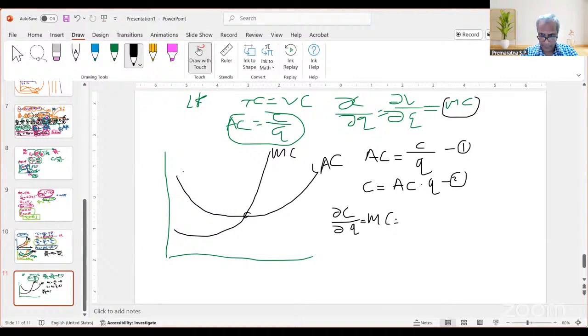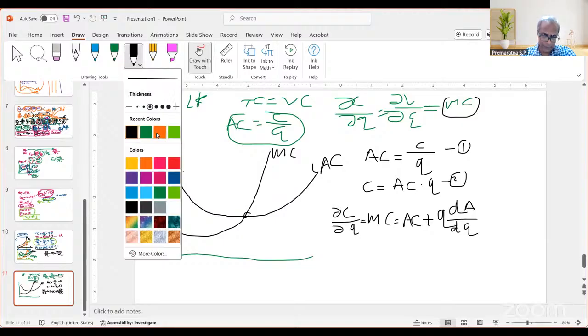Marginal. What happens when you differentiate this is, because the average cost is also a function of Q, you get the answer: AC plus Q dAC/dQ.